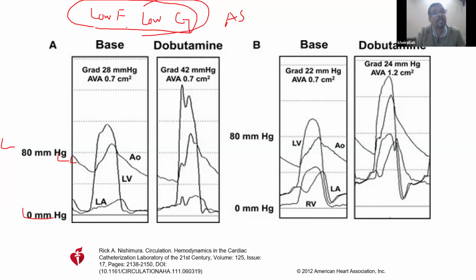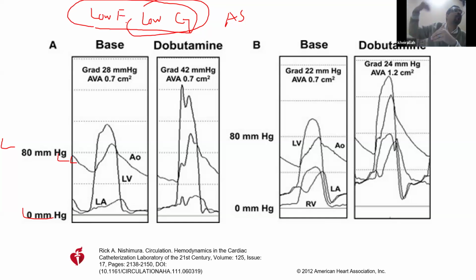So we might have severe aortic stenosis but fail to get a mean gradient of 40 because of low flow, because of low ejection fraction. It happens a lot. It's an entity called low flow, low gradient, severe aortic stenosis.